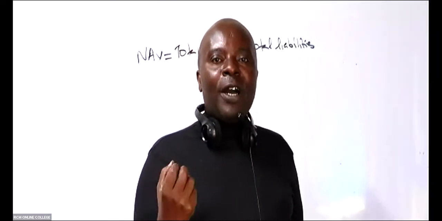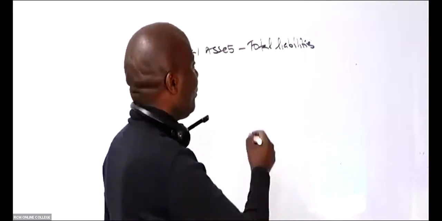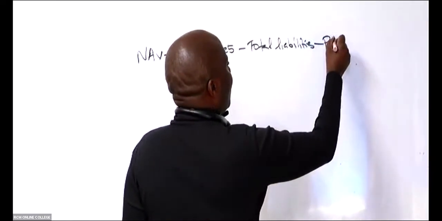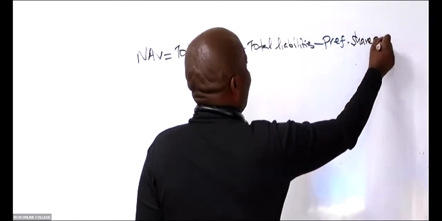What is the firm's equity? If the firm's equity investment is 10 million, then that will be the firm value. Now please remember, in case there are preference shares, you shall always deduct them. Preference share capital, deduct them.